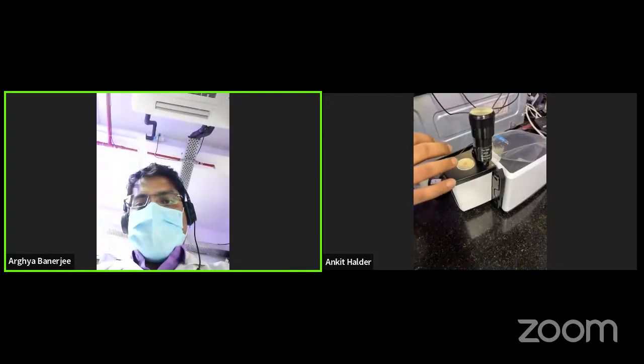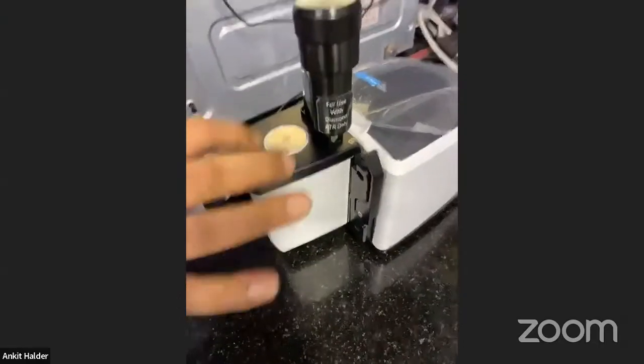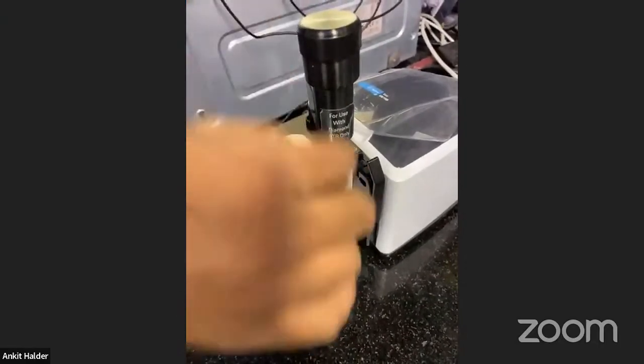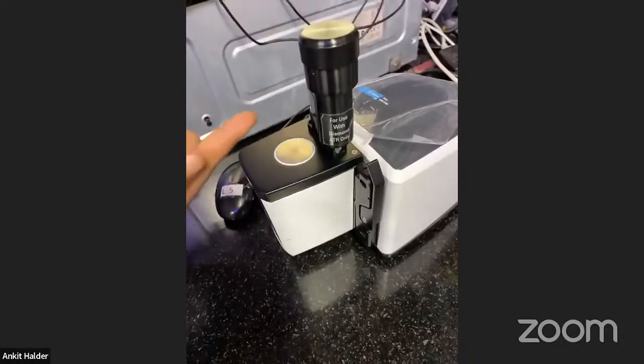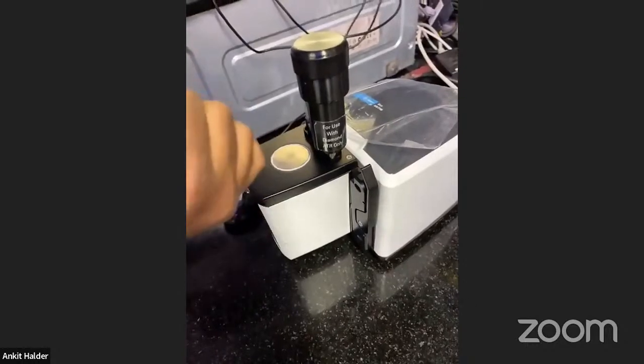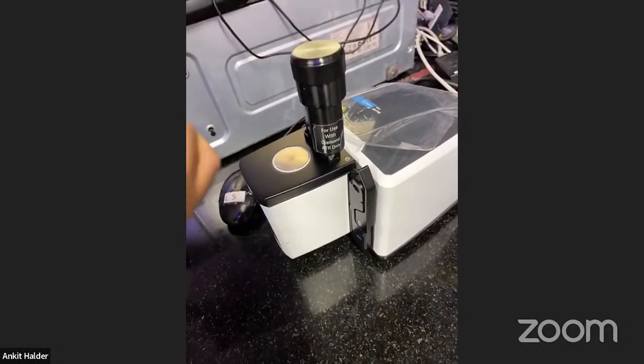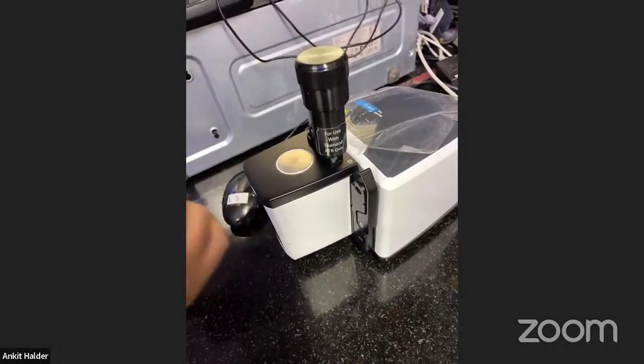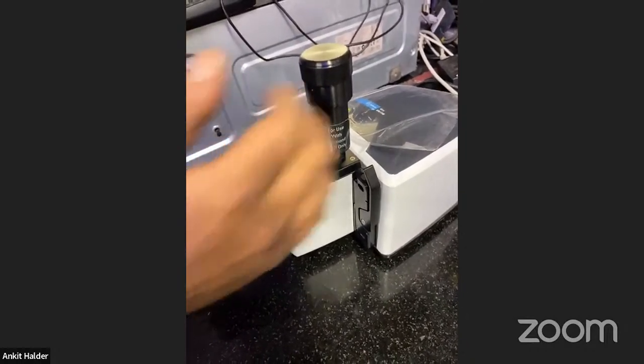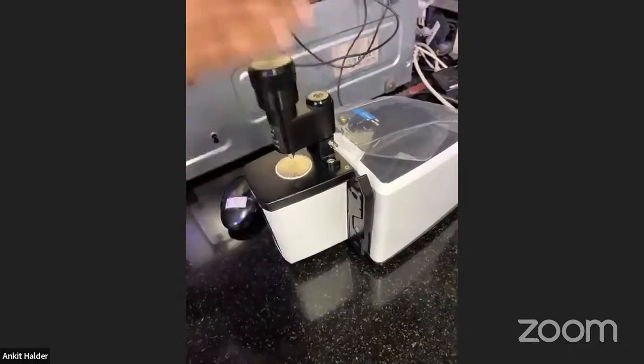the infrared spectrum is recorded. You can directly take a minimal amount of serum sample. These serum samples contain metabolites, and these metabolites show vibrations, which the FTIR records here.